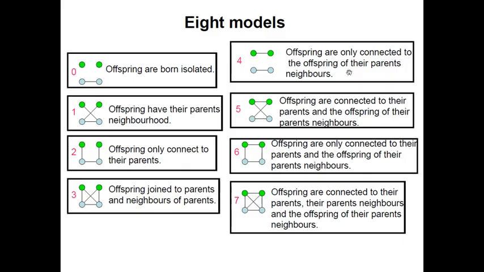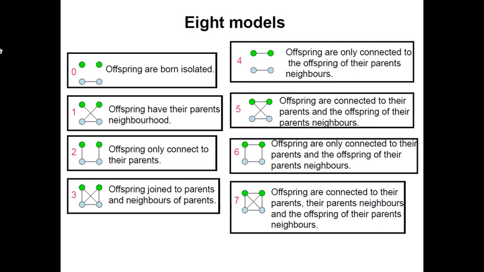So anyway, in total there are 8 different models, and this screen here illustrates what all those different models are. Basically, the idea is that in every case we suppose that an update consists of giving every vertex an offspring. But what we vary is the way that these different offspring are linked up.